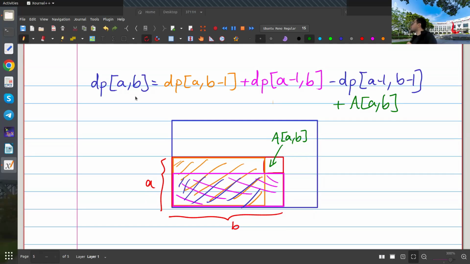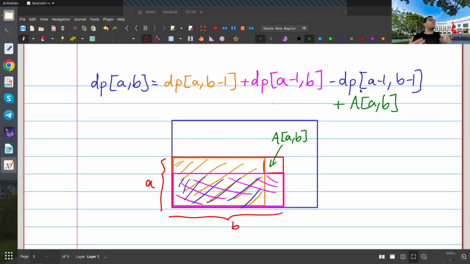I can find the sums for all of the rectangles that start at the bottom left. Right? And how much time does this take? Well, how many rectangles do I have? N squared. So A can be from 1 to N, and B can also be from 1 to N, so it's N squared. But for each one of them, I'm spending constant time. Right? So the overall runtime is N squared.